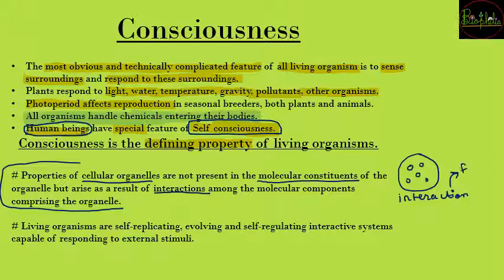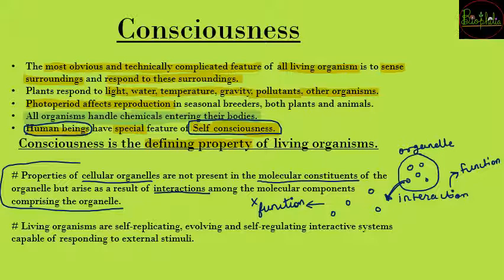Interaction की वजह से जो function होता है, that is going to be seen inside the organelle. But if these constituents are removed and isolated, तो क्या होगा? In isolation there is going to be no function as is seen in the organelle.